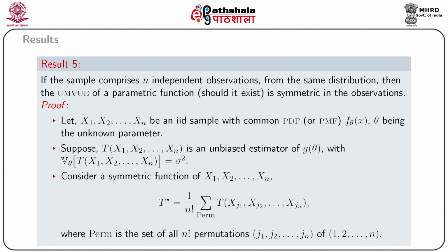Suppose T(x1, x2 up to xn) is an unbiased estimator of g theta with variance of T equal to sigma square.